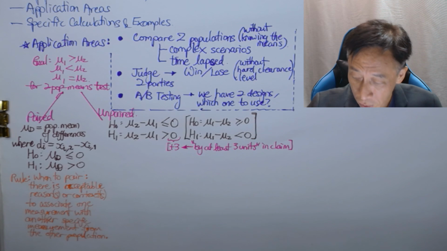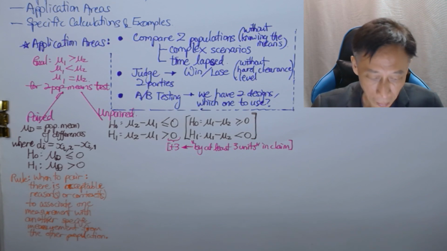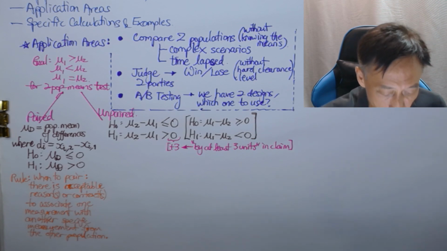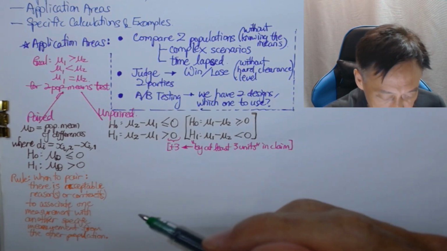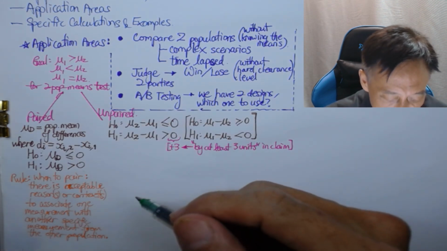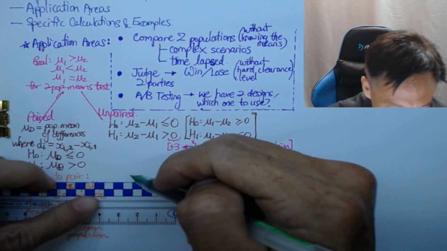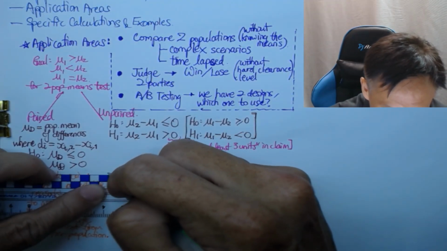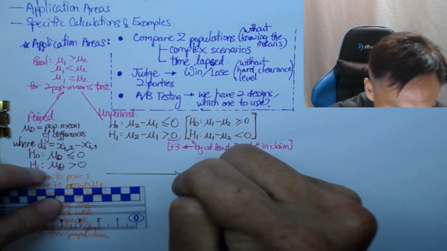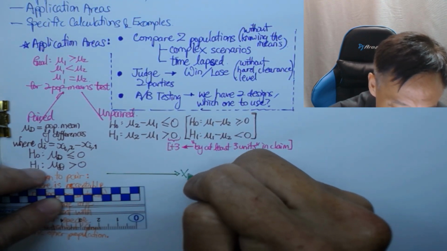And what I would like to do for the paired case is to quickly draw a diagram, if I may squeeze in here. Okay. So at first, there are two populations, X1 and X2.